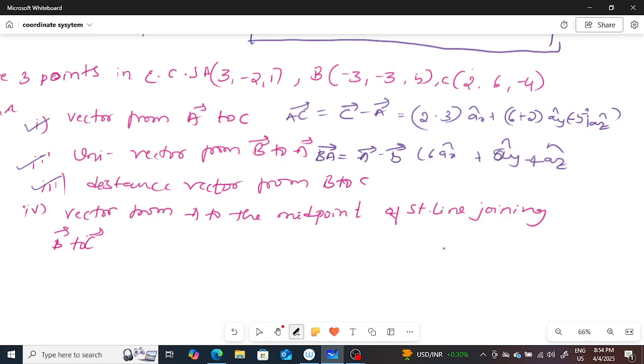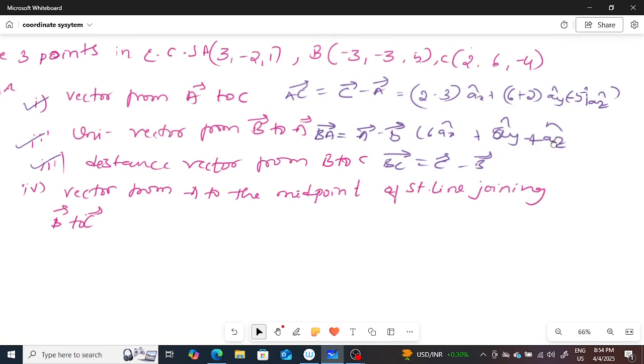You have to find that. Then comes the BC vector, that is C vector minus B vector. I am not giving the hint for the third point.